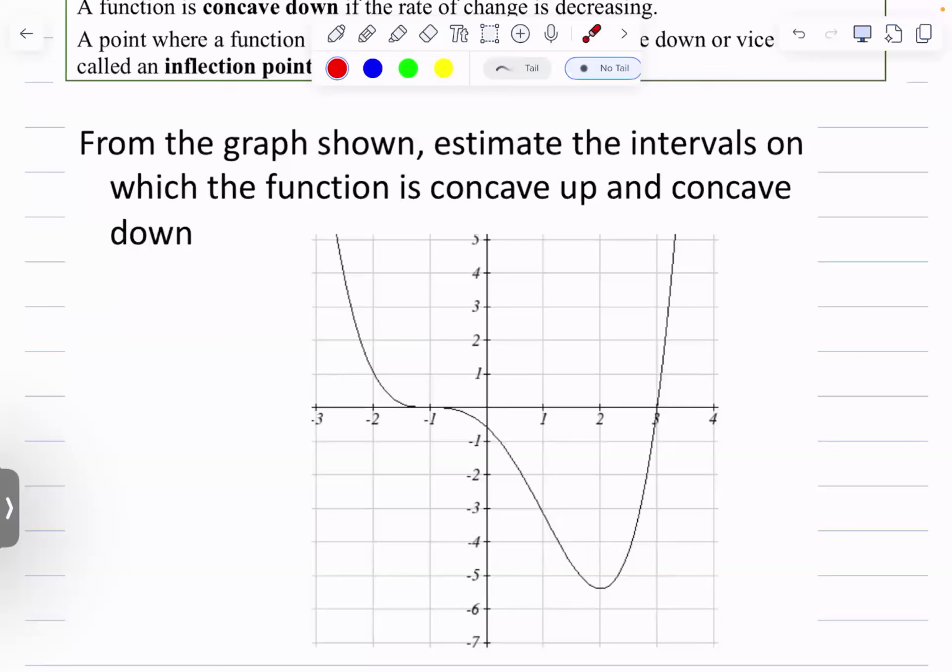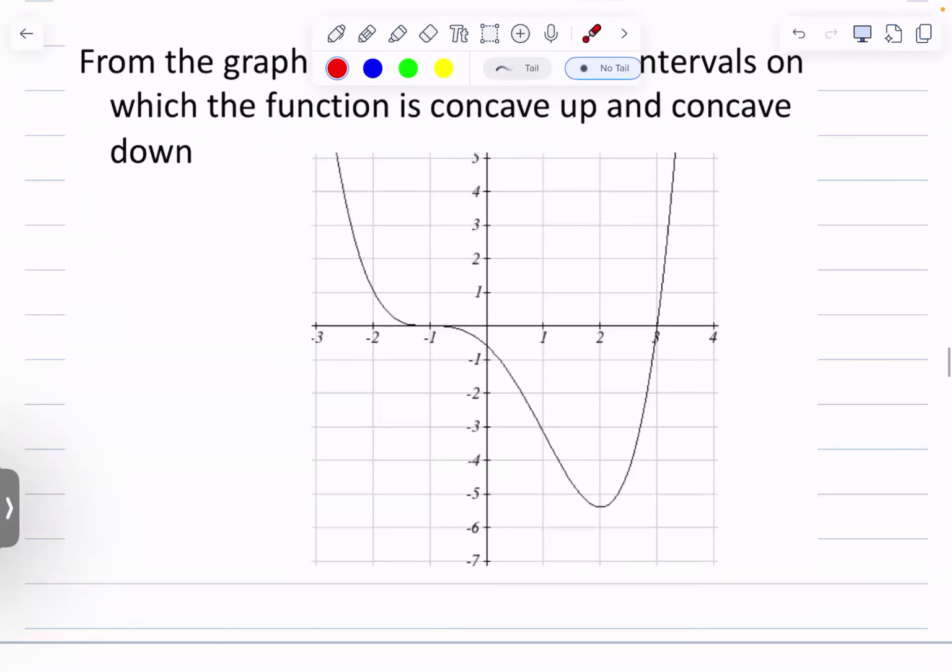So from this graph, we want to estimate the intervals on which the function is concave up and concave down. I always find it a little bit tricky, but I feel good about saying this stretch up to -1 looks like it's concave up, right? You have a bowl, it's facing up. And then for concave down, I'm feeling pretty good about that.